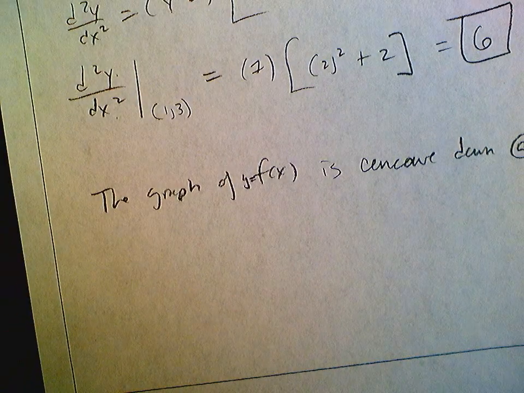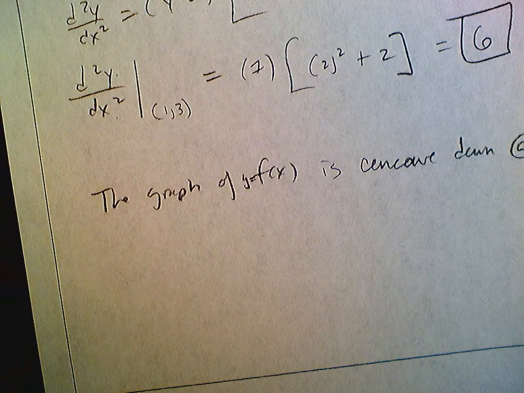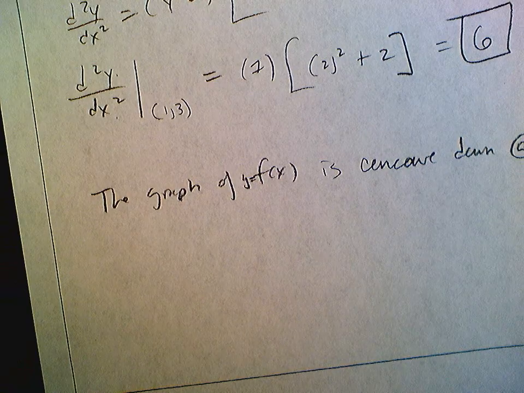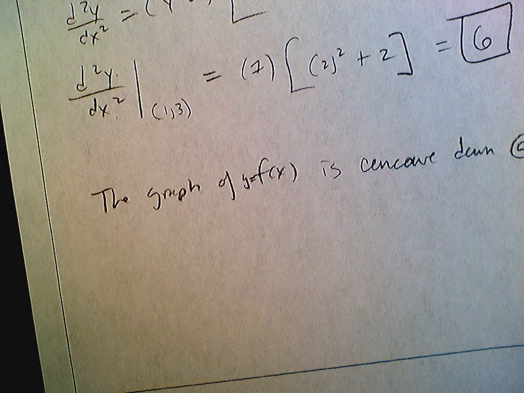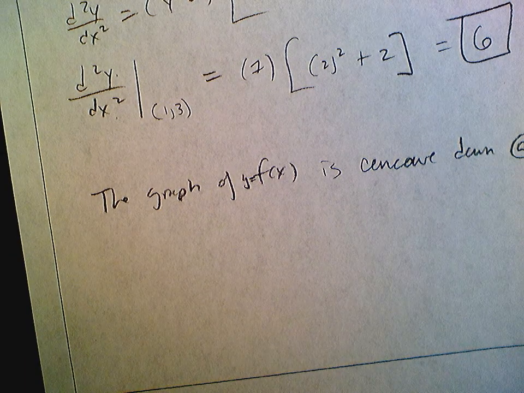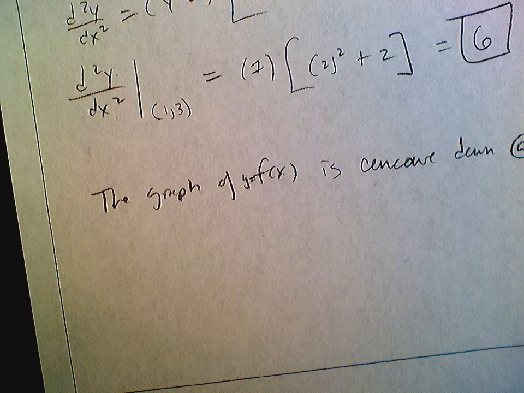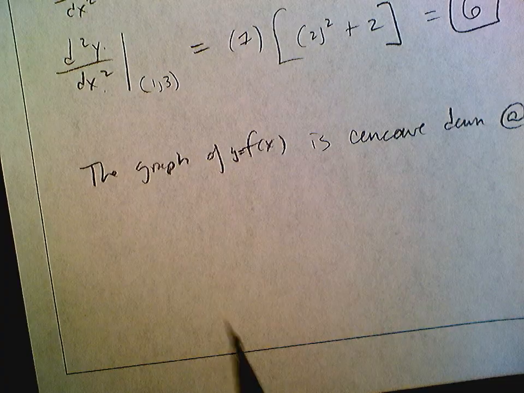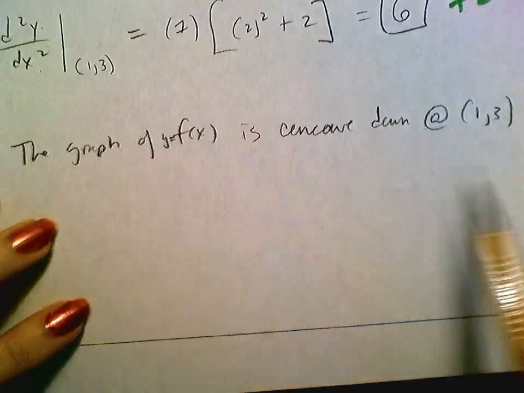This is a Susan's table situation. If you hear increasing, decreasing, relative max, relative min, inflection points, concave up, concave down, all of that is Susan's table. So you've got to look at Susan's table, or you won't be able to on the test. You've got to know it.